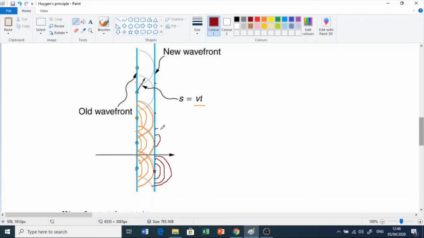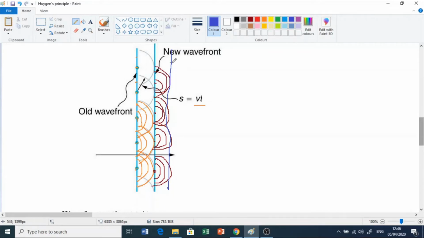For this one also, I'm going to draw the waves. And once I draw a line tangent to all of these newly produced waves, I am getting a new wavefront.